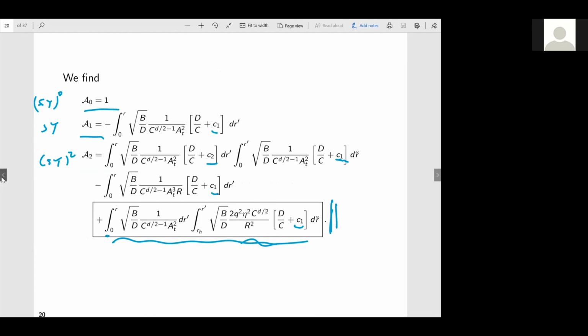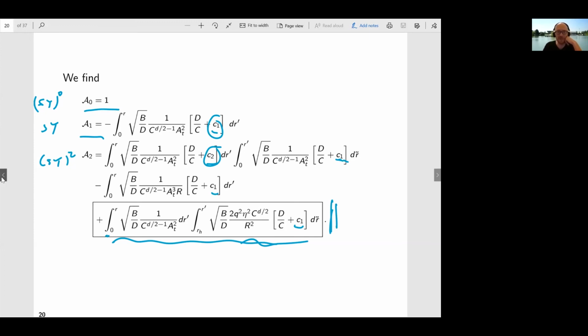Is that the case? We didn't push it to higher order because the expressions become extremely messy. But yes, I would expect that all subsequent terms need to be fixed in terms of this C1. But at the end of the day, it's this C1 that matters, the one that appears at first order in ST. And C2 is fixed in the end or not?